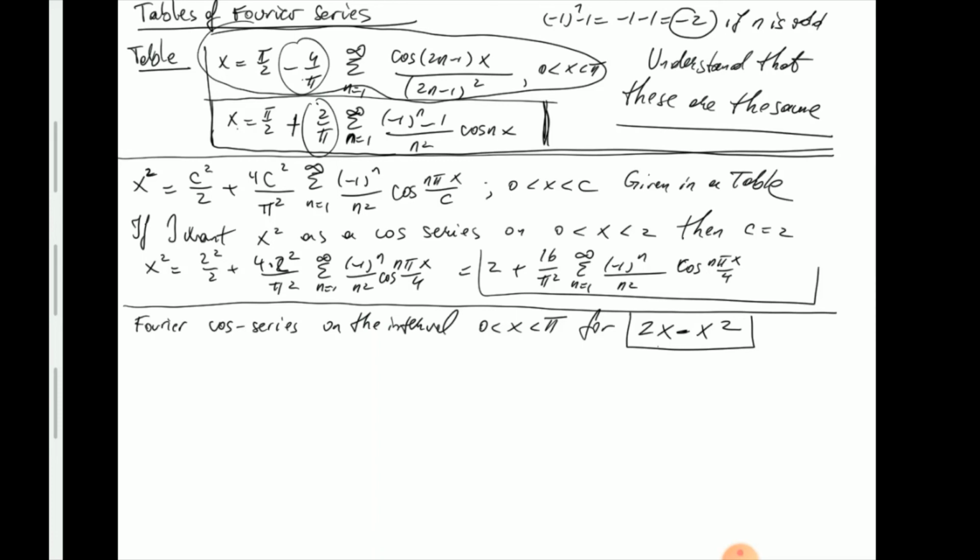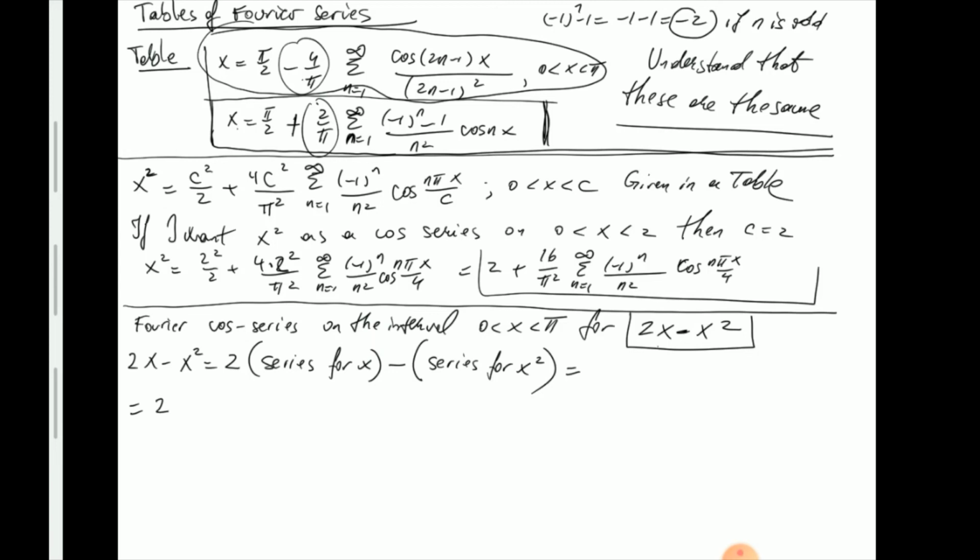So basically 2x minus x squared is 2 times the series for x, which you can get from the table, minus the series for x squared, which again you can get from the table. And from this point on it's just tedious algebra steps to make it more compact. Let's do it together.